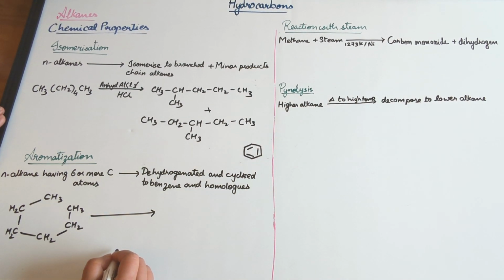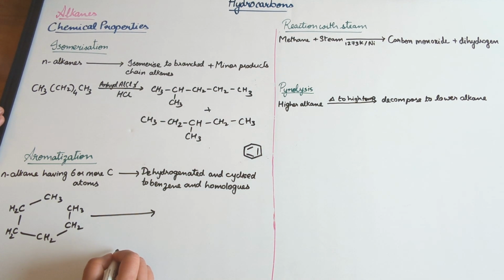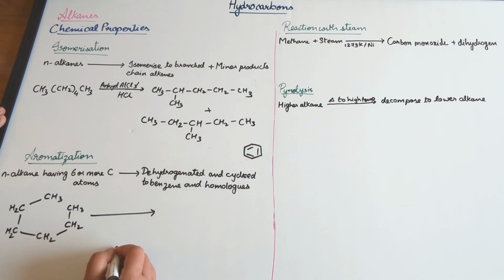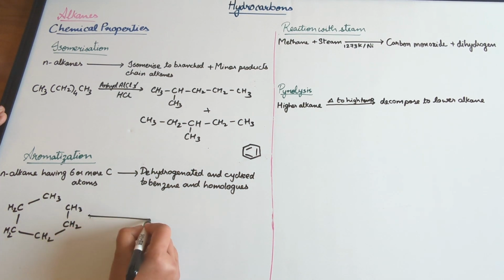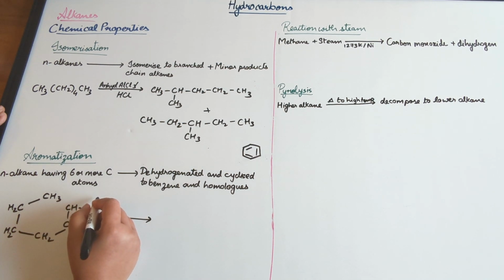So we are using oxides of vanadium, molybdenum, or even chromium, which is supported over alumina. At the top we'll be writing the oxides of chromium, vanadium, as well as molybdenum. Either of these three can be used for the chemical reaction.